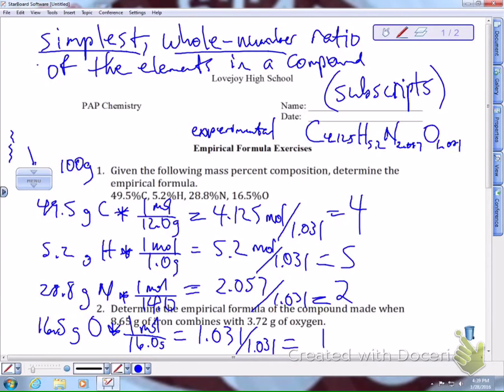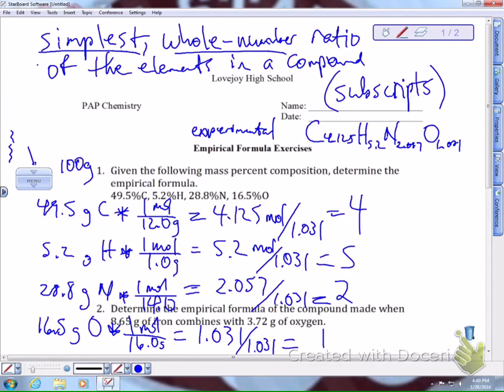Now, none of those numbers came out to be exactly a whole number except for the oxygen. And that's okay. Because the reason it didn't is that we rounded for our molar masses, and then we rounded when we converted to moles. And so anytime we round, we'll never get perfect answers. But that's why I say if it's close enough, you can get to the whole number. Let's go back up to our formula and see how it's changed now.